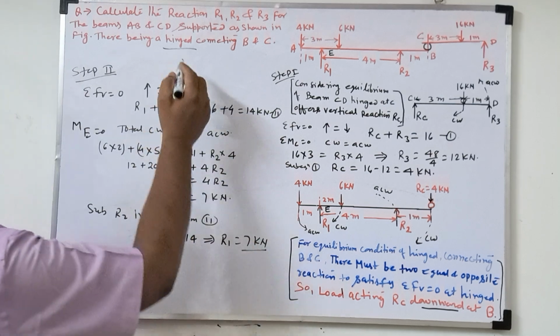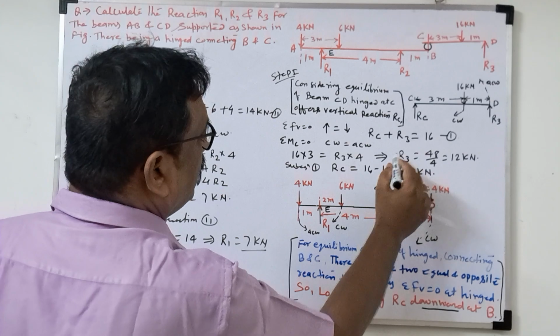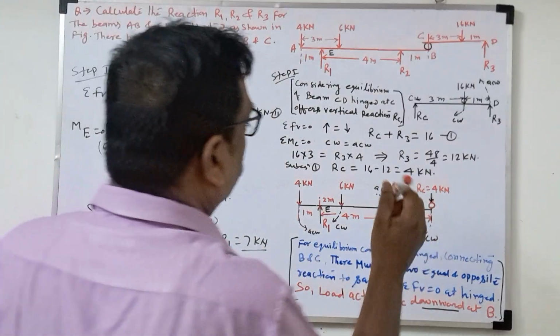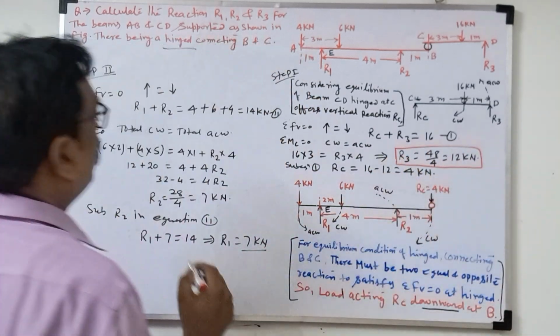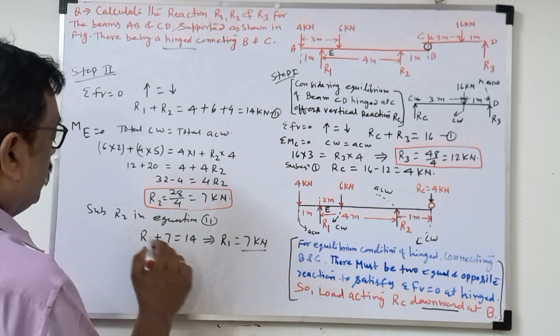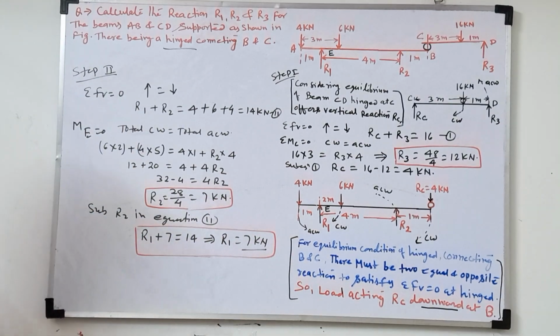So what they're asking here is to find the reactions R1, R2, R3. We got R3, we'll highlight this. R3 is 12 kilonewton. R2 we know is 7 kilonewton. And R1 we got is 7 kilonewton.